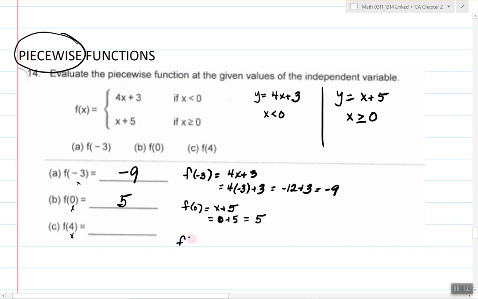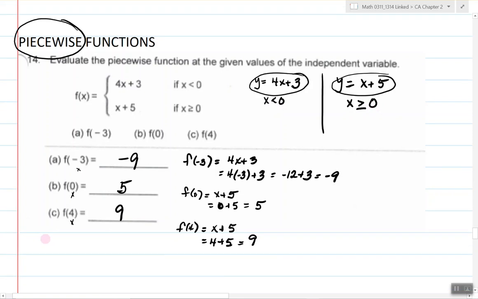So for f of 4, I pick x plus 5, plug in 4 plus 5, which is 9. You plug into either this definition or this definition depending on whether the x value makes this true or makes this true. All right, let's move on.